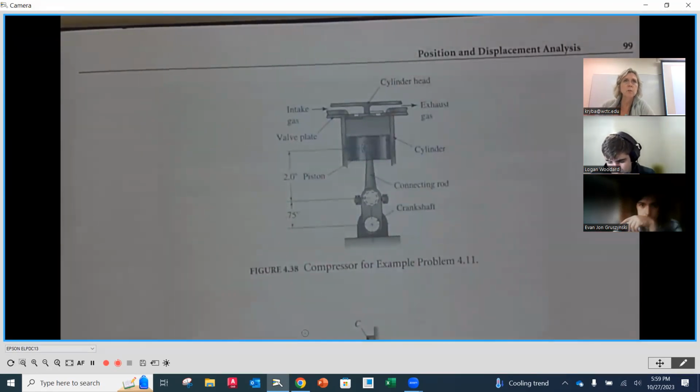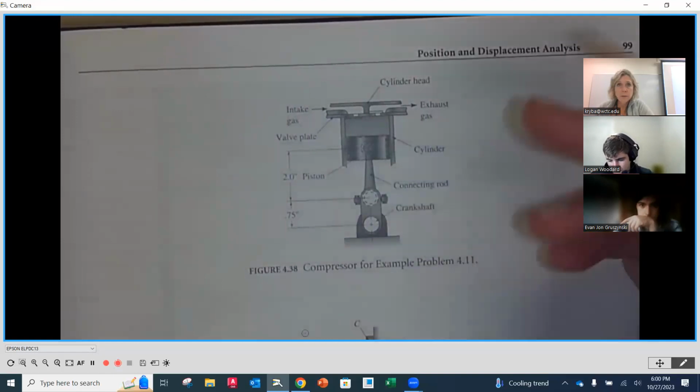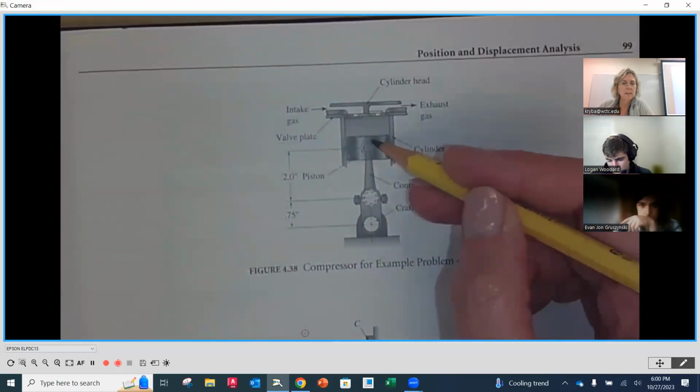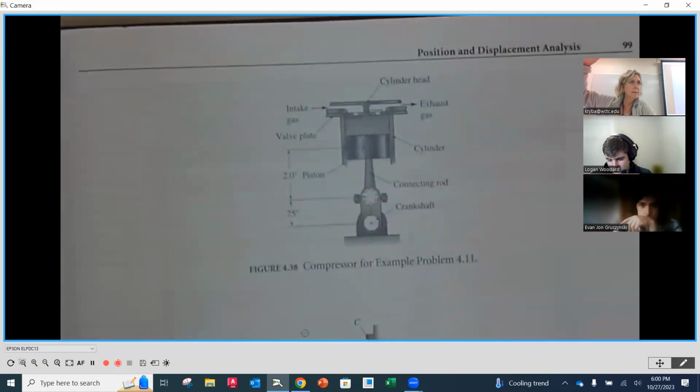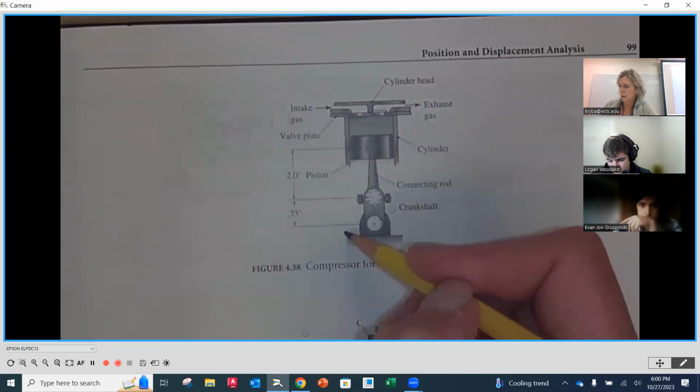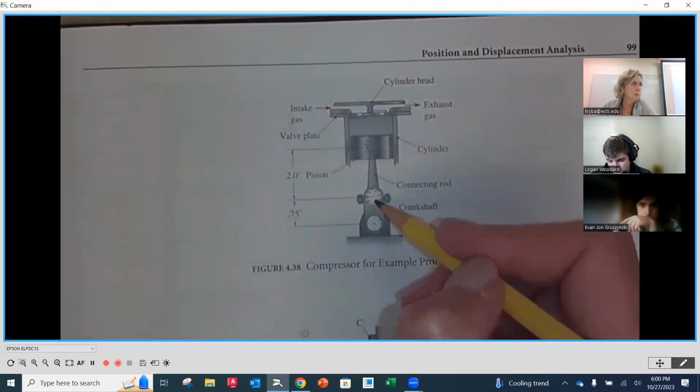And what we want to do is plot for every 30 degrees. If I move my crank 30 degrees, what is the displacement from top dead center? Is that going to come down? Okay, and then I'm going to move it another 30 degrees. What is that displacement from top dead center to the new position? And then the next position, and so on, as we increment in 30-degree increments around a full 360 degrees, okay?